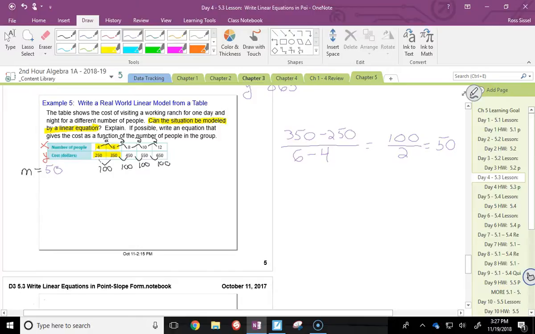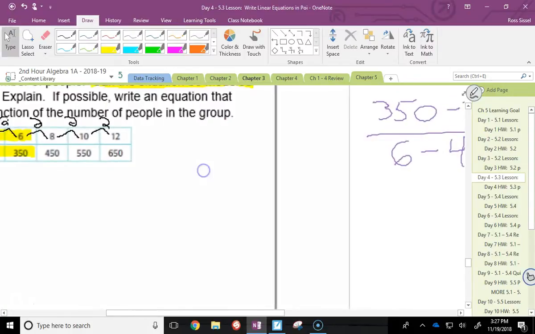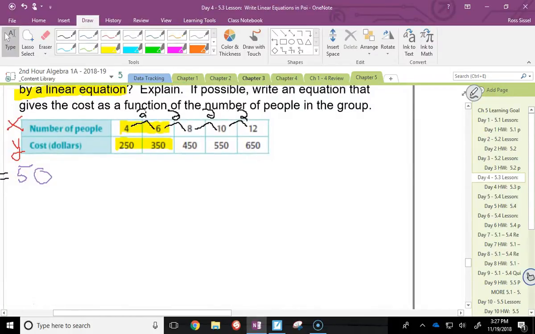Now, these are all coordinate points. I'm going to erase this part. But really, what we have here, because number of people is x and the cost in dollars is y, on my graph I really have the coordinates 4 and 250, 6 and 350, 8 and 450, and so on.